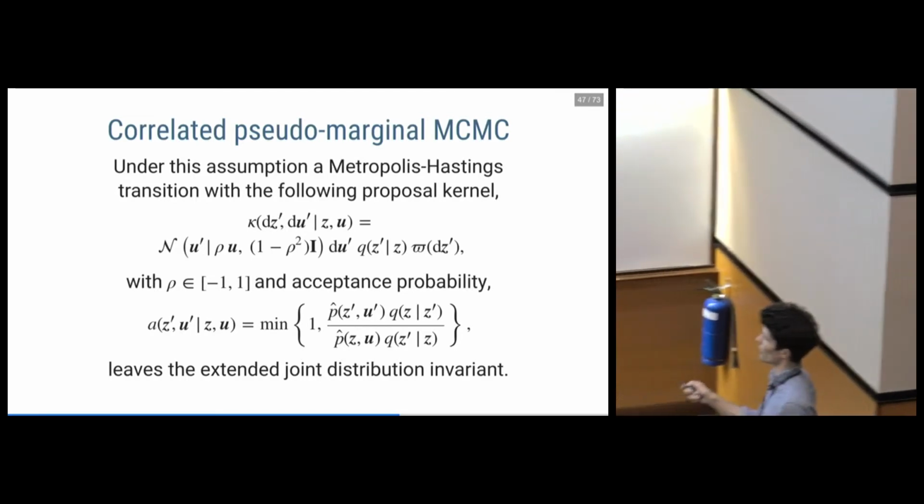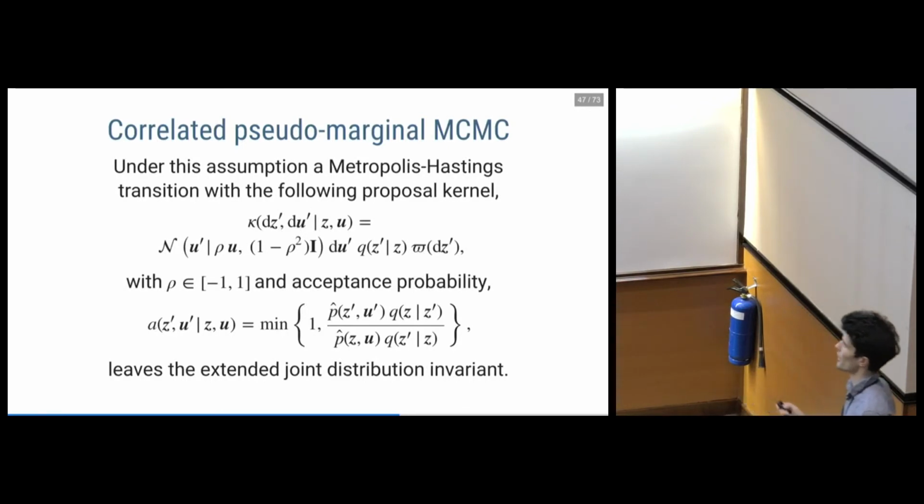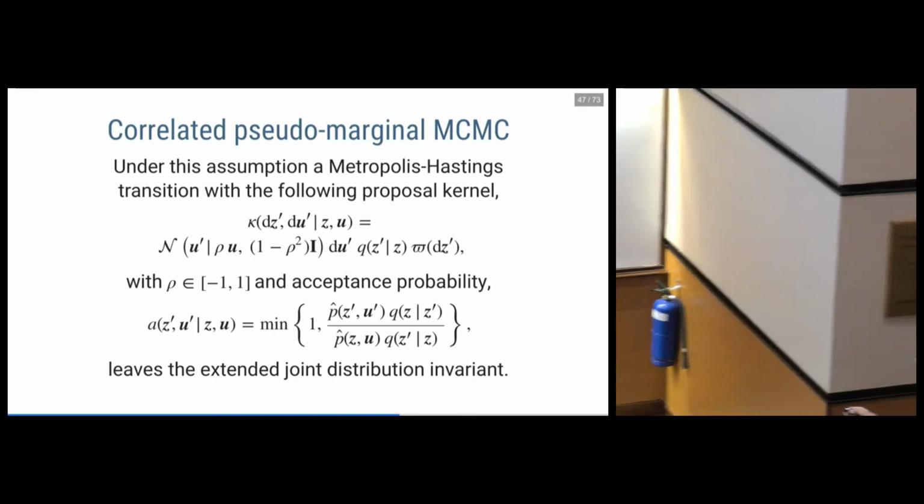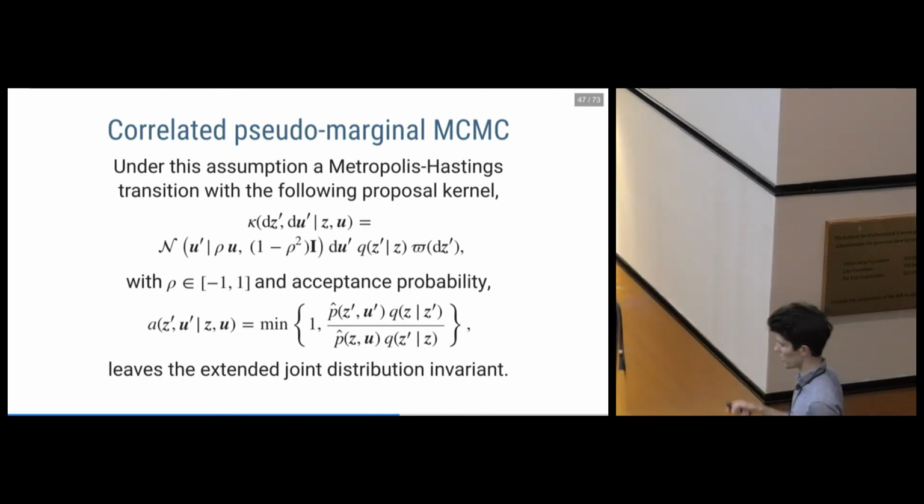So this form of update, in the actual acceptance probability, looks identical in some sense to the standard pseudo-marginal Metropolis-Hastings.